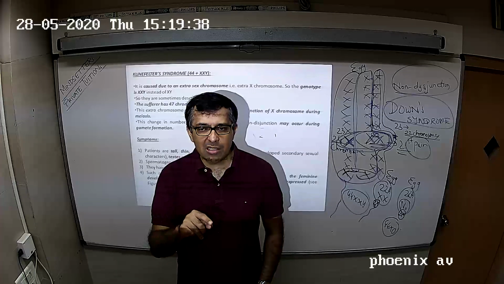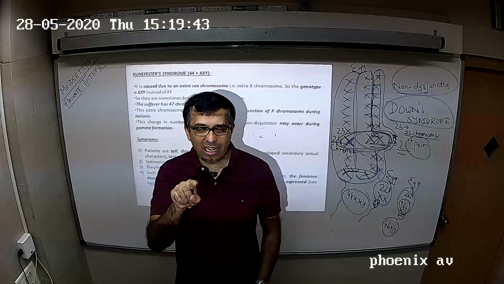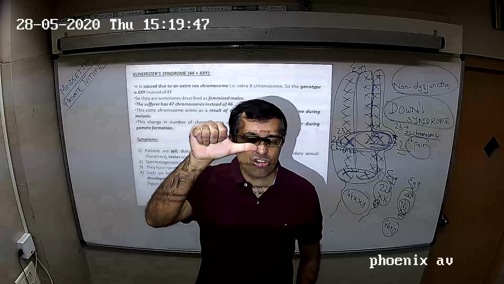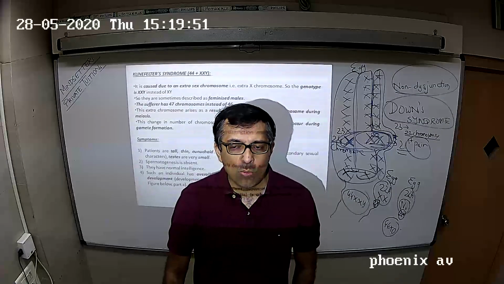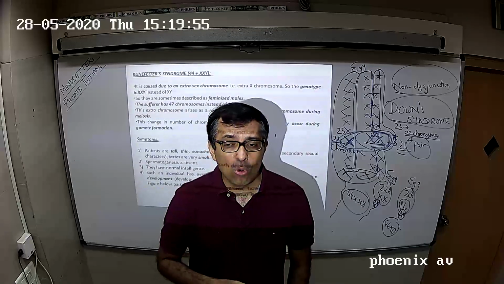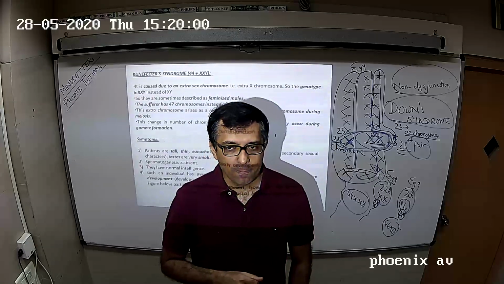And Klinefelter syndrome is one extra X chromosome, which is the 47 XXY condition. So we have an extra 21st chromosome in Down syndrome, one sex chromosome less in Turner syndrome, and one X chromosome extra in Klinefelter syndrome.